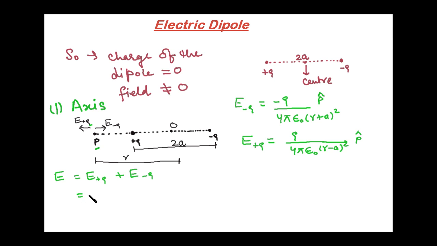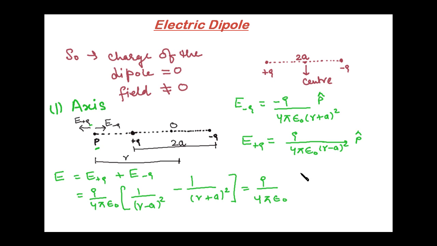that is equal to Q upon 4 pi epsilon naught [1 upon (r minus a) whole square minus 1 upon (r plus a) whole square], and that is equal to Q upon 4 pi epsilon naught 4ar upon (r square minus a square) p cap.